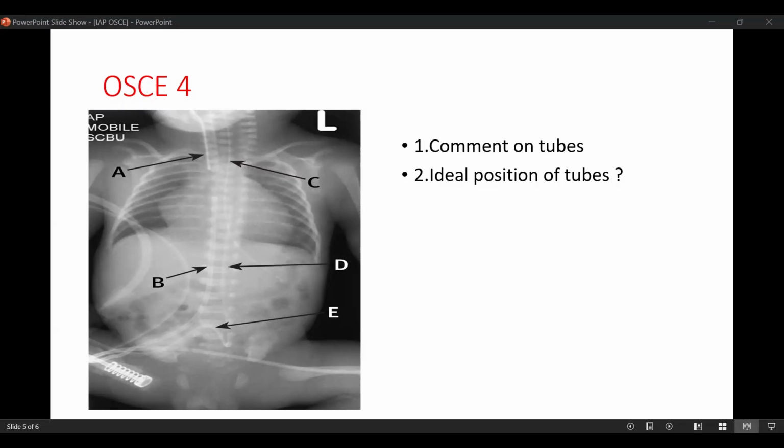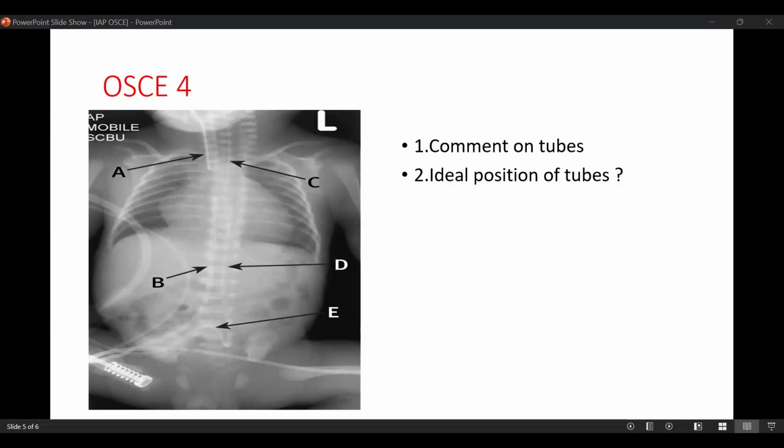Ideal position of UAC is T6 to T10. And the ideal position of UVC is T9, just above the diaphragm, or 0.5 centimeters above the diaphragm.